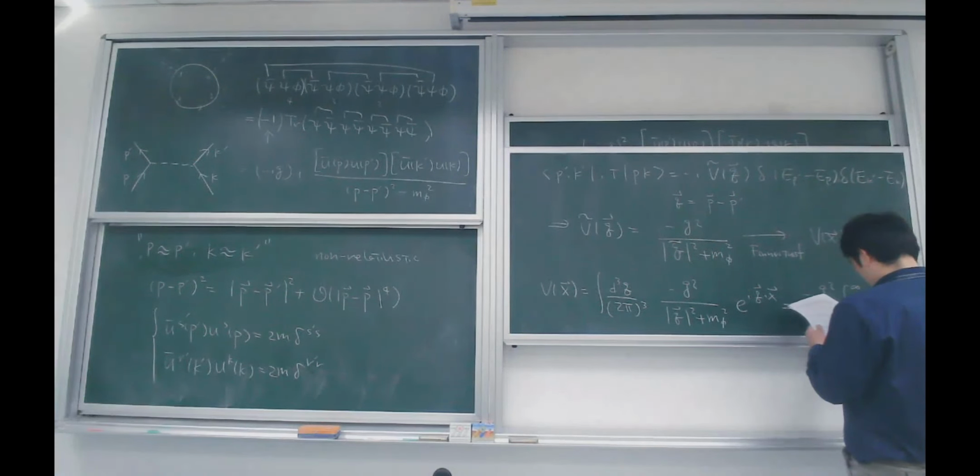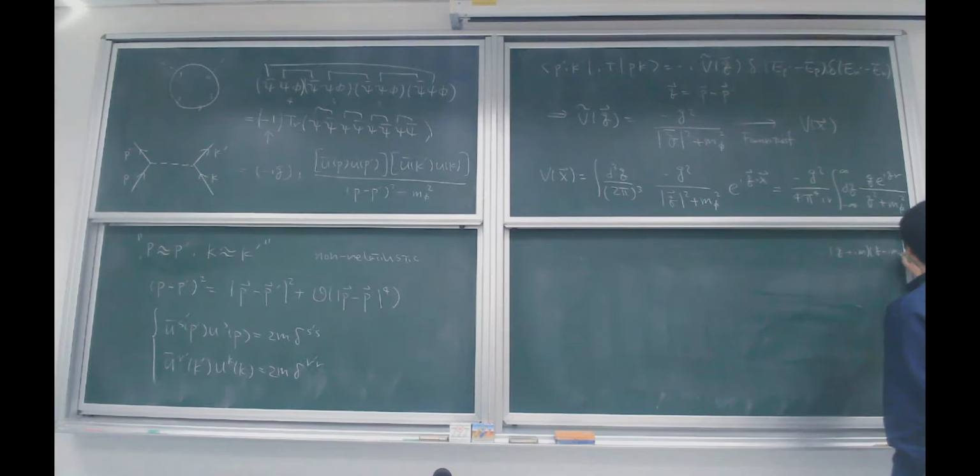From here to here, just an exercise. It's just the standard way of doing Fourier transformation. And if you pick this numerator, the denominator is of course q plus i m, q minus i m, right?